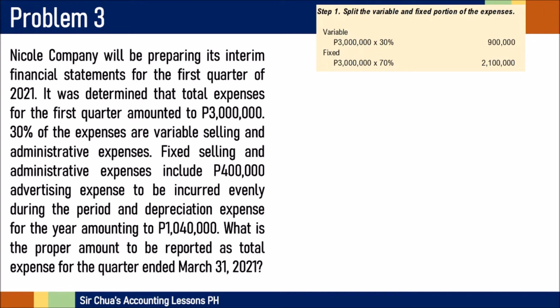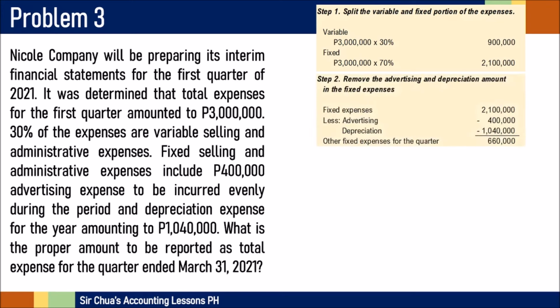Okay? So that's 2,100,000. Now, step 2, remove the advertising and depreciation amount in the fixed expenses. Why do we have to do that? Because we need to allocate properly the advertising and depreciation expenses. So, what you need to do is fixed expenses of 2,100,000 and you deduct the advertising and depreciation expense ng buo.